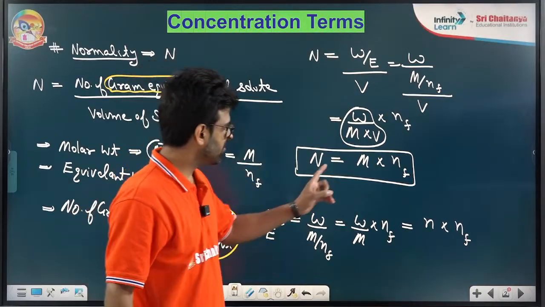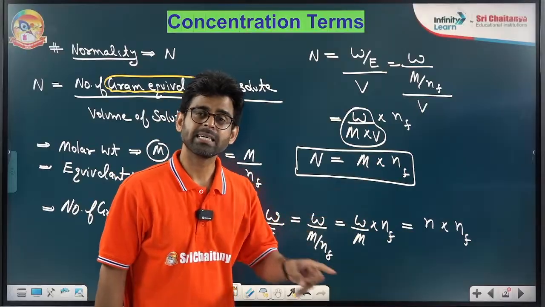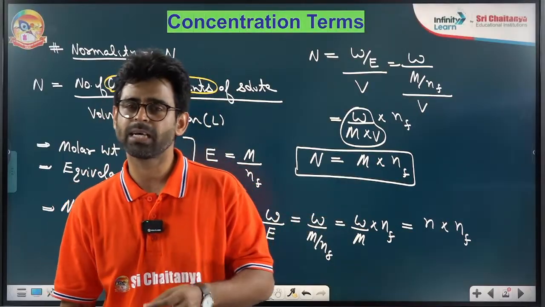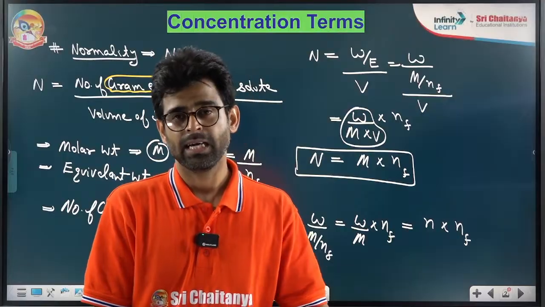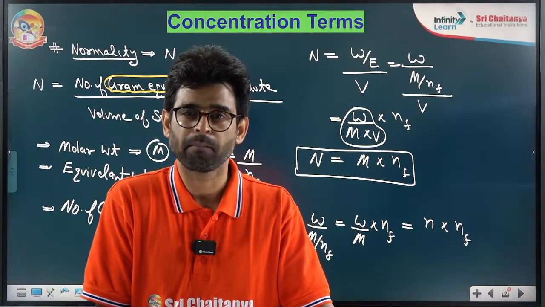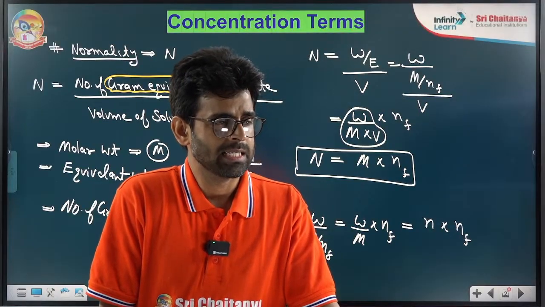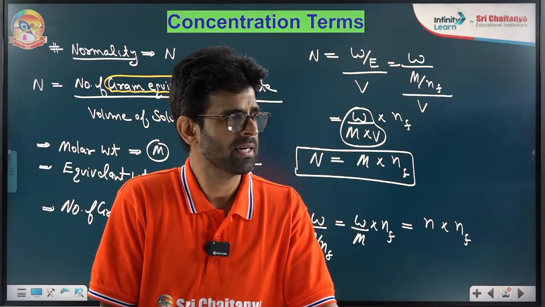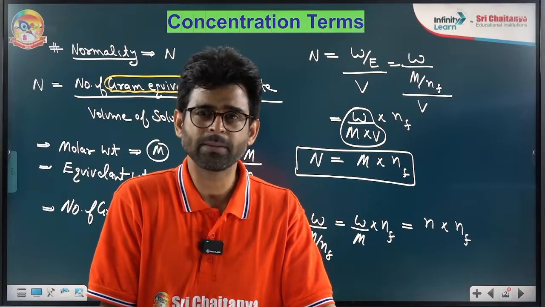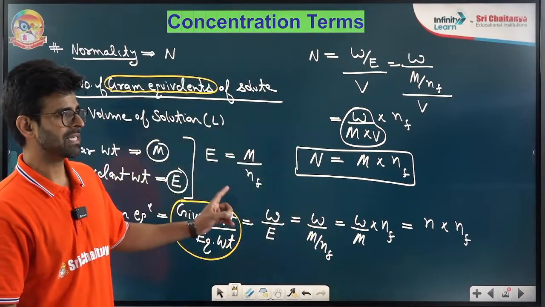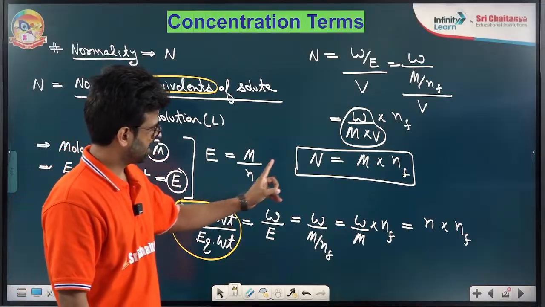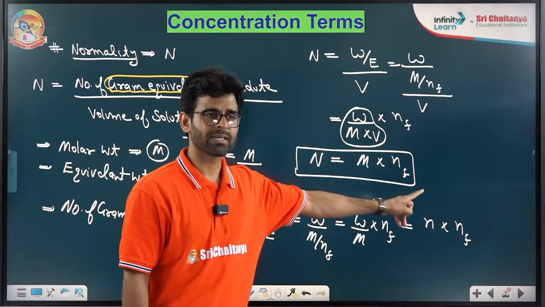So if you find the molarity and multiply it by the n factor of the solute, you can find the normality. Are we clear about this? Yes? Yes, sir, good evening. Right? Got the point? I'm saying once again: normality is molarity into n factor.